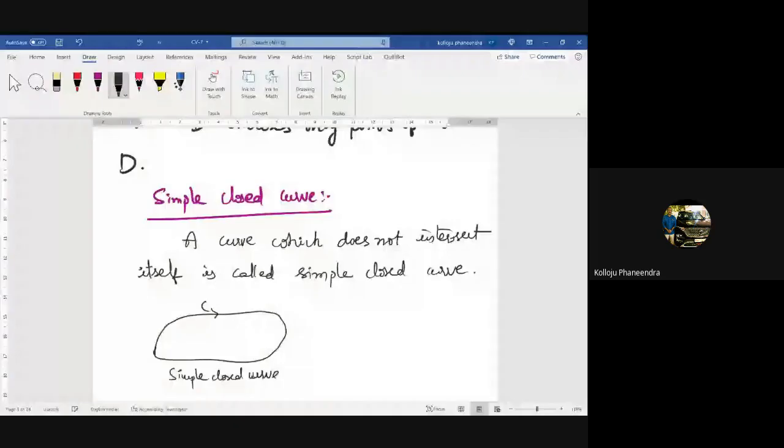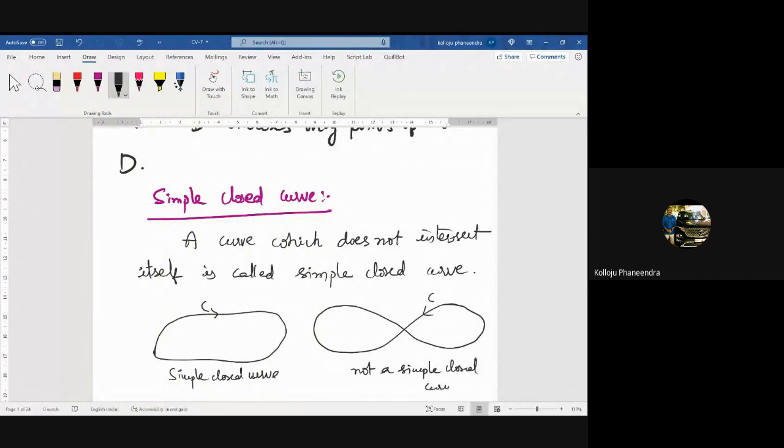For example, if I consider a curve like this, this is curve C. It intersects itself, so it is not a simple closed curve. A curve which does not intersect itself is called a simple closed curve. If it intersects itself, it is not a simple closed curve.